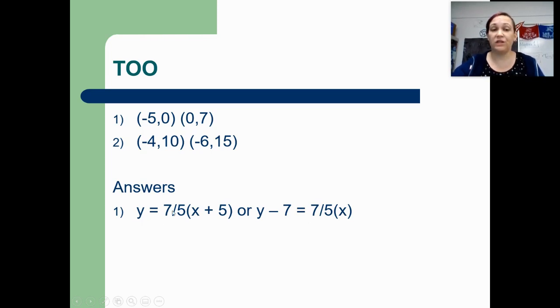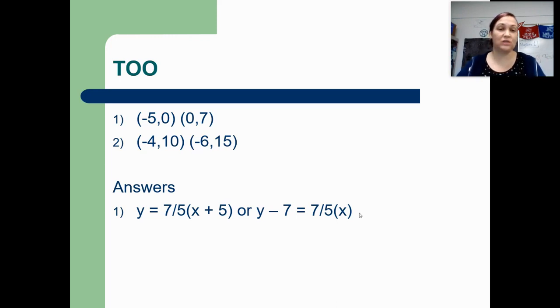My first equation would be using the first ordered pair, and the second equation would be using the second ordered pair. It doesn't matter which one you wrote down, as long as you wrote down one of them. Notice that when it's a 0, we don't actually write minus 0 for our final answer. We do still put the x in parentheses, though. That's what tells us that it's point slope form: the x should always be in parentheses.